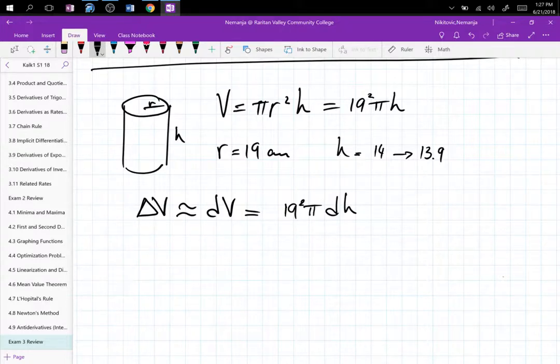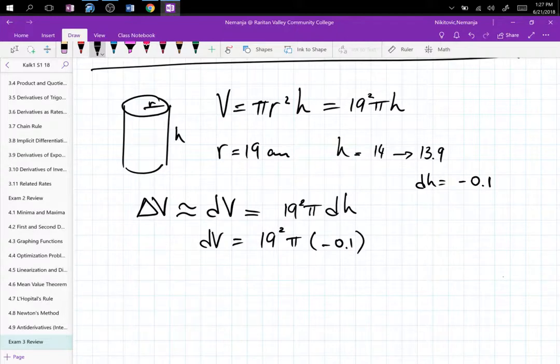And then we see that this dh over here is negative 0.1. Yeah, we are getting volume that is shrinking, so it's a negative change, right? So now I'm going to calculate the change in volume by 19 squared pi times negative 0.1, which is equal to some number, and you are done.